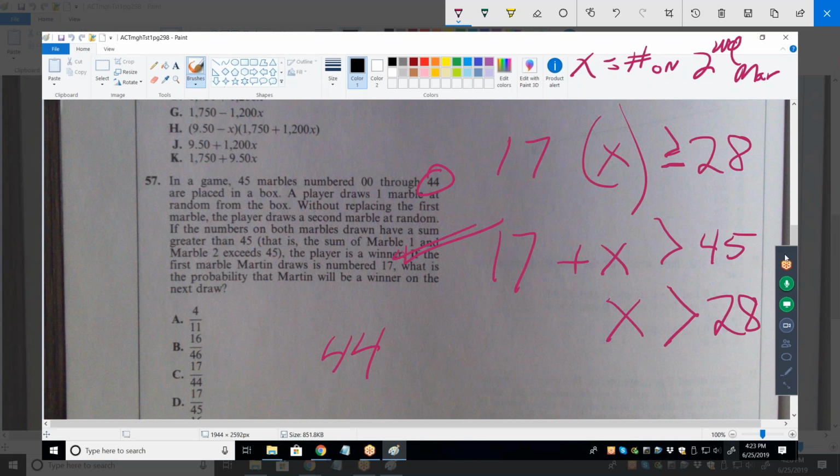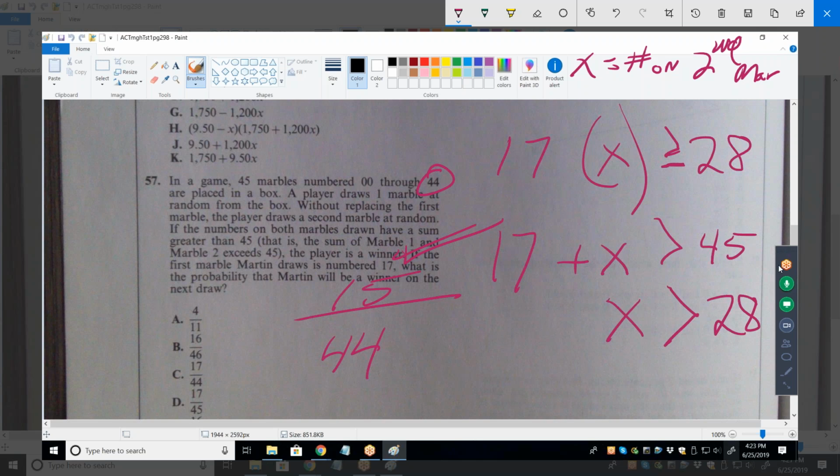That's right. It's 15. So the probability that he'll be a winner on his next draw should be 15 over 44.